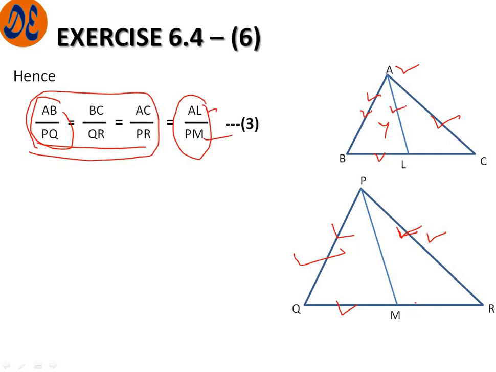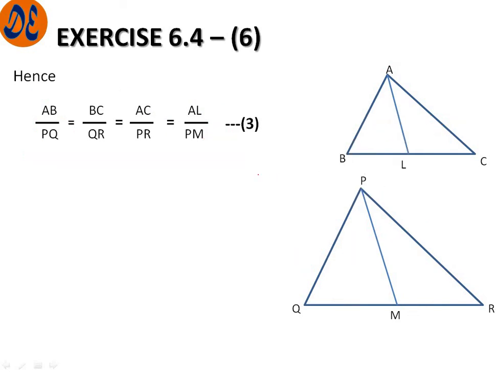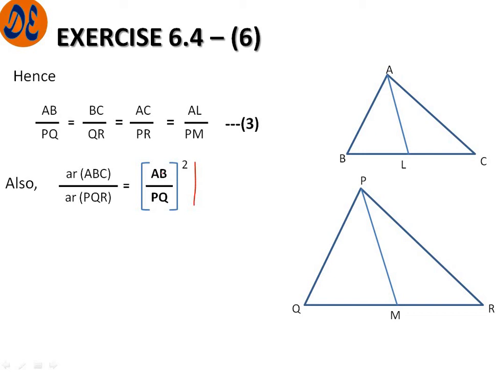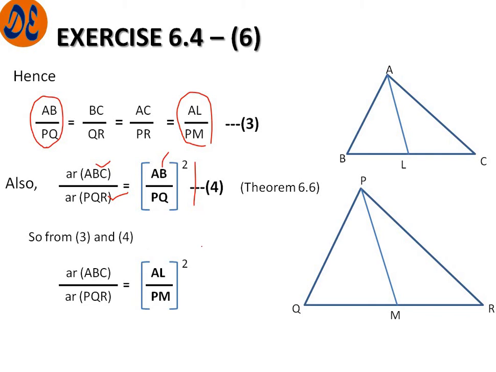So now we know that the ratio of the area is equal to a square of ratio of their any corresponding side. So AB by PQ square is equal to ratio of area of ABC and PQR. As we see that AB by PQ is equal to AL by PM, we can substitute this value here. So if you substitute, what we get? We got the required result that we need to prove.